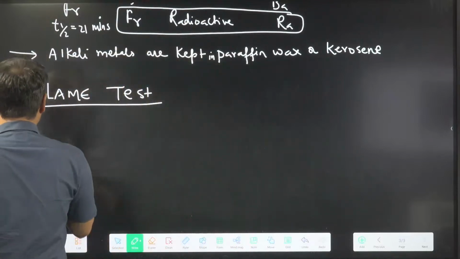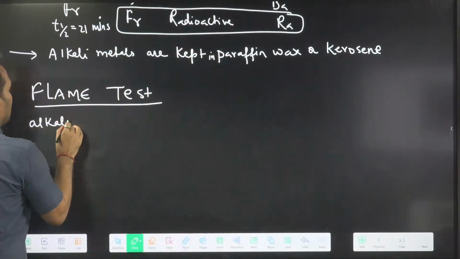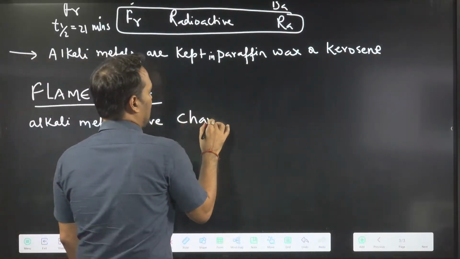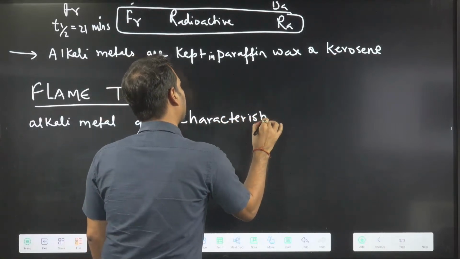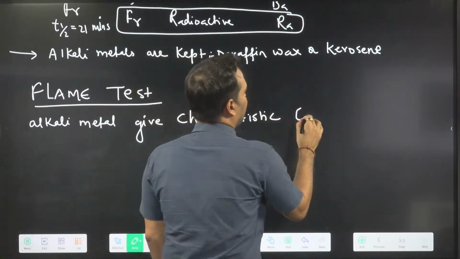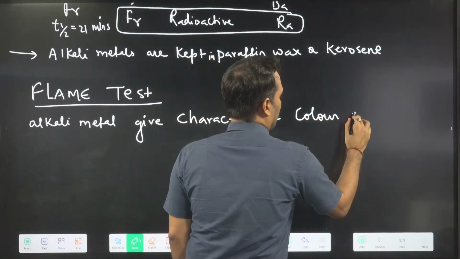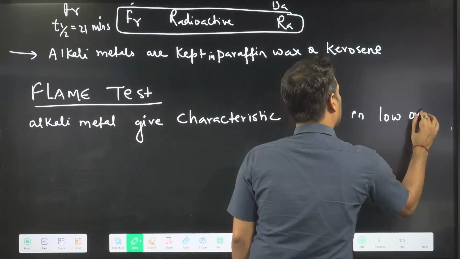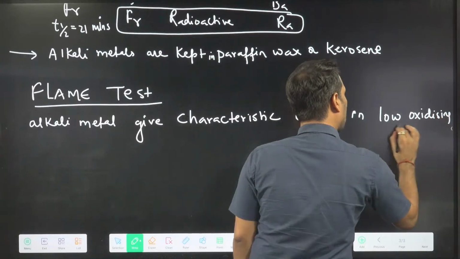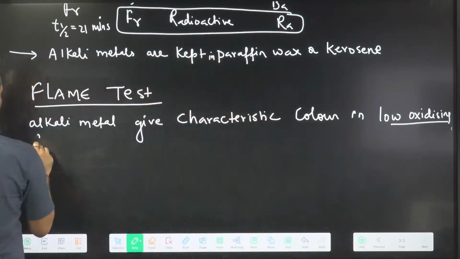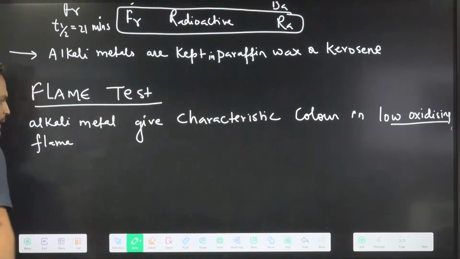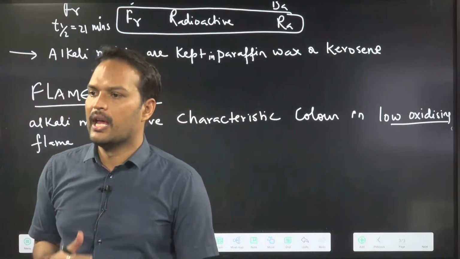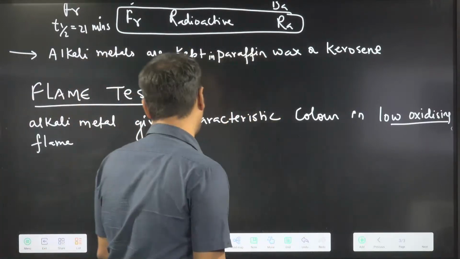They write that alkali metals give a characteristic color in the low oxidizing flame. This point is also important, keep this in mind. Some will be yellow, some red, some green, and by this we can identify them.